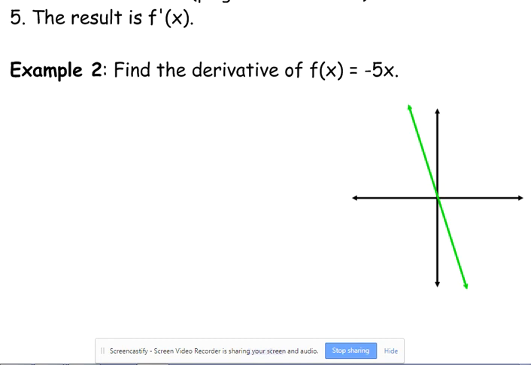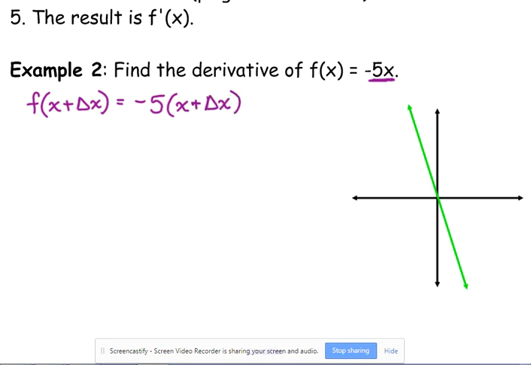If we're trying to find the derivative of f of x equals -5x, step one was, first of all, we need to find f of x plus delta x. So what that means is we take our function right here, -5x, and we replace that x with x plus delta x.